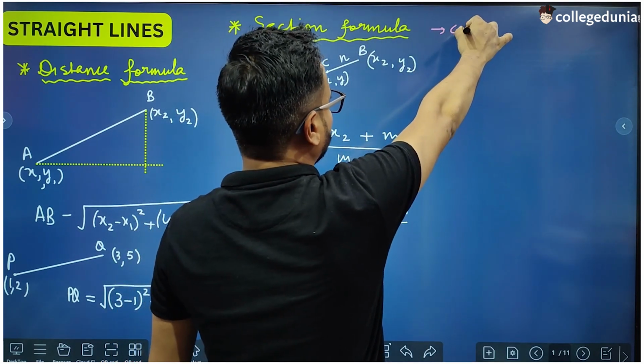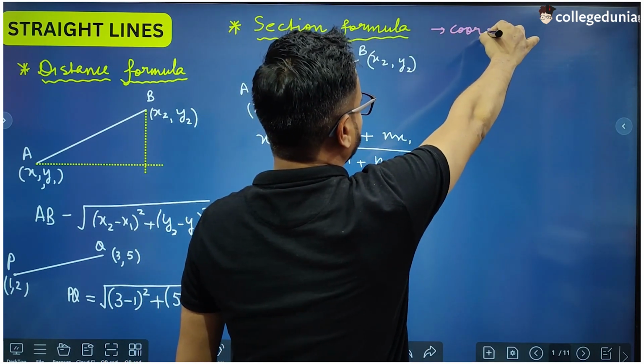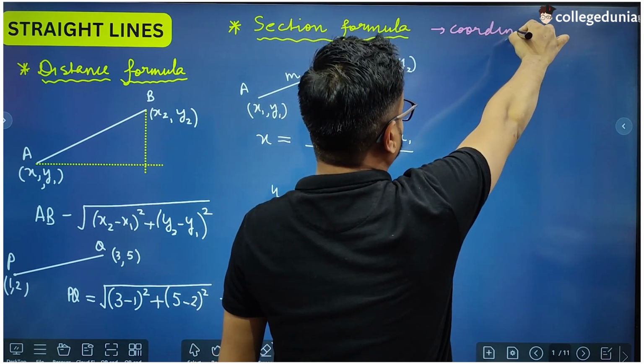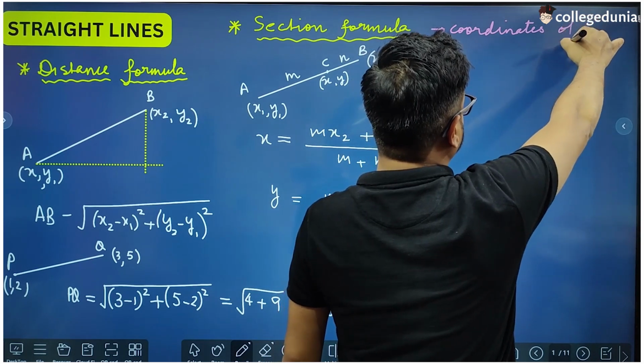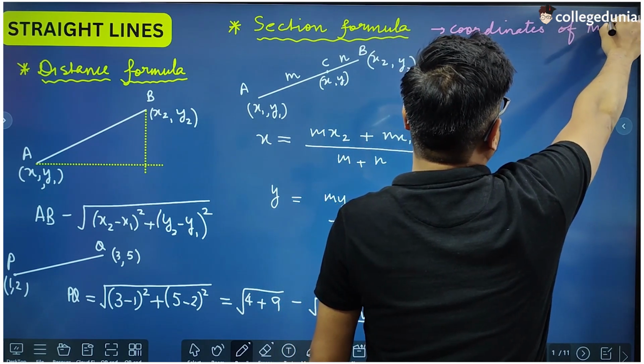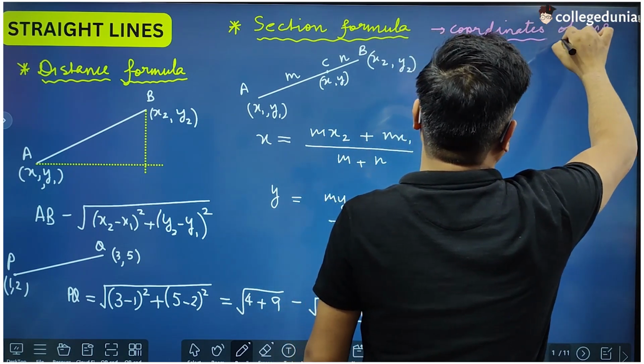Coordinates of midpoint. MP means midpoint.